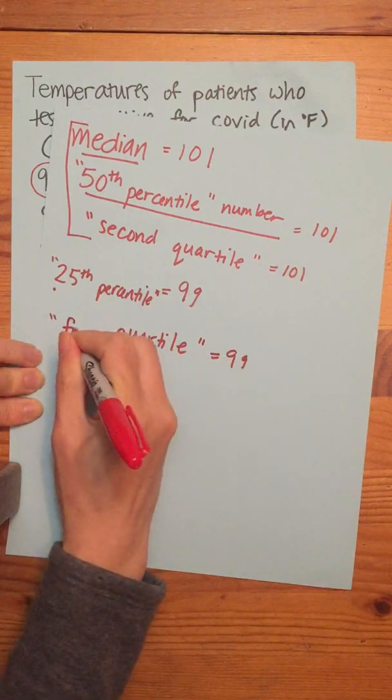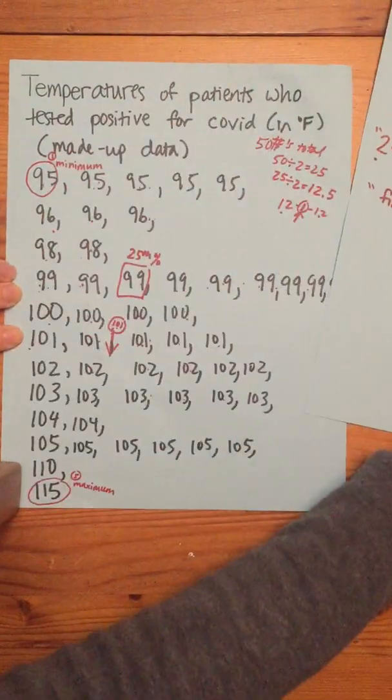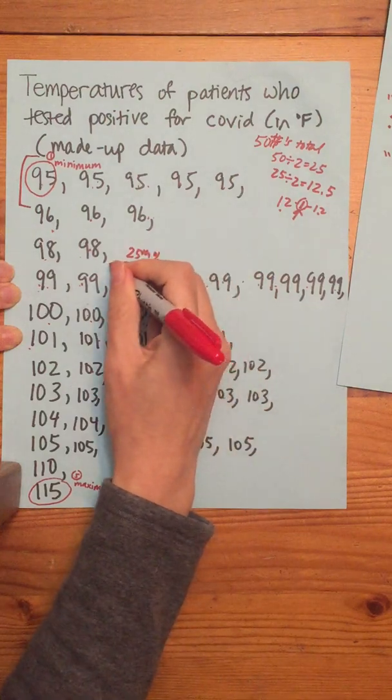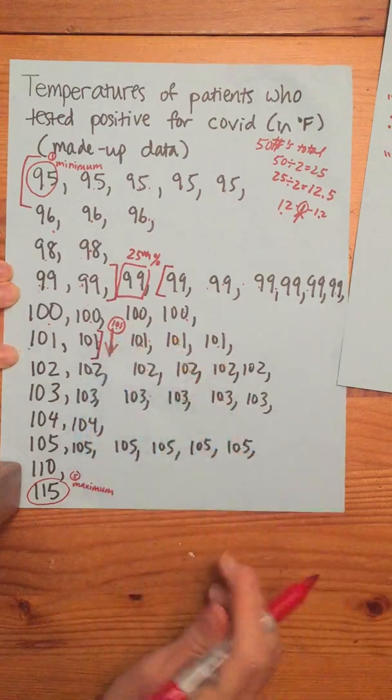If you said first quartile, you're right, because the first quarter of numbers is below this number. So the first quarter of numbers is from here to here. The second quarter of numbers is from here to here, going all the way to the 50th percentile.